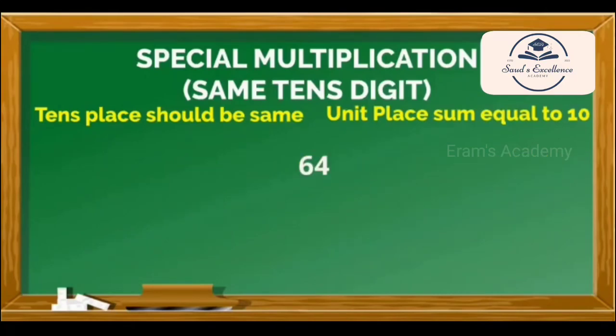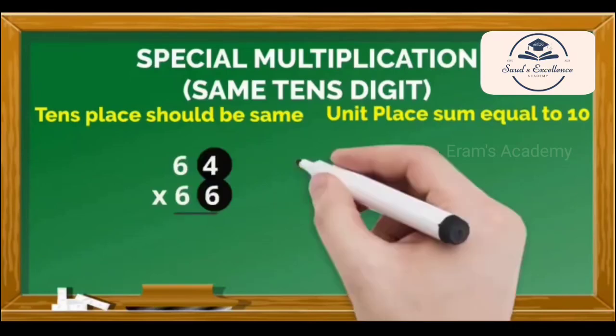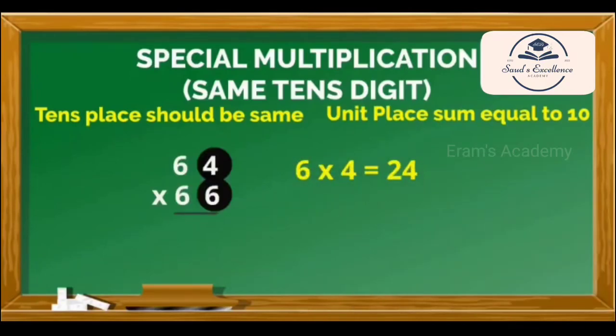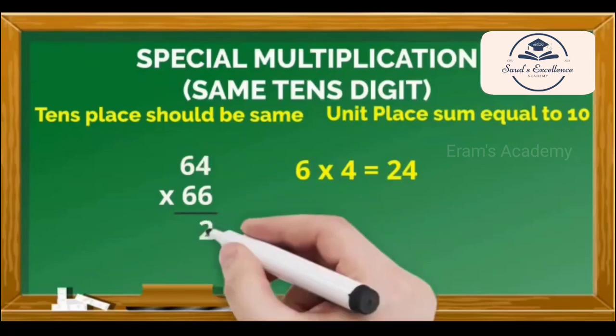Let's start with an example like 64 into 66. First step, we multiply the unit digit numbers: 6 into 4 equals 24. We write 24.